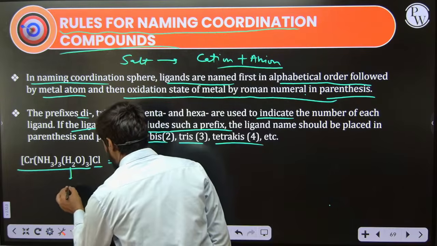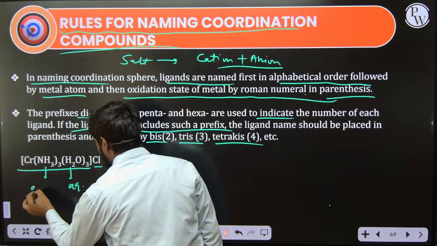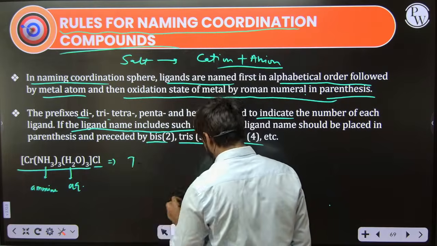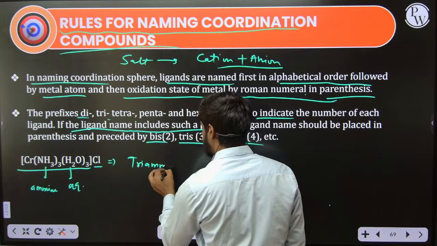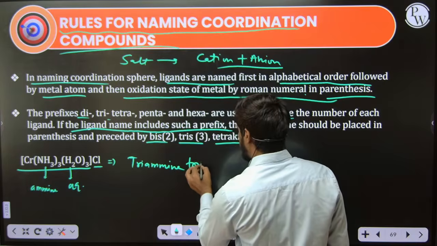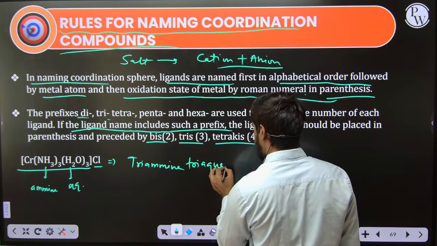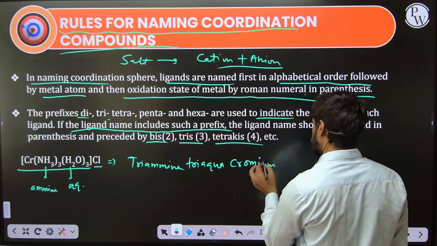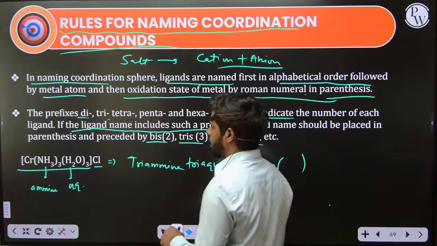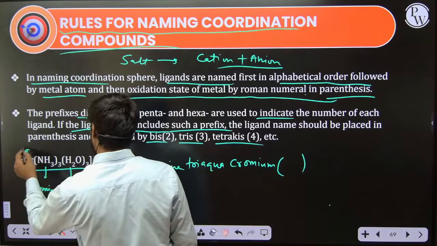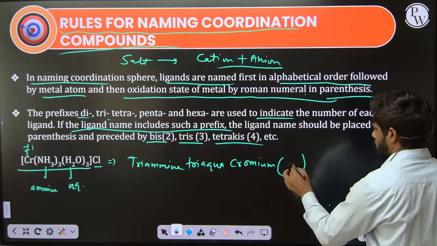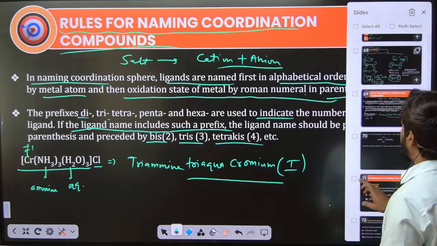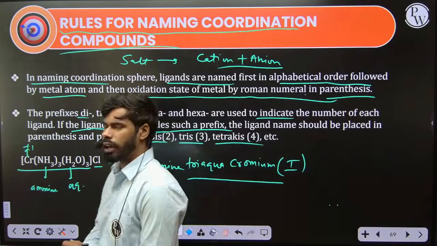So the name of the ligand is aqua. Here the name of the ligand is amine. So amine comes first, then triaqua. Then it is chromium. And the complex has an oxidation state that we can find is +1. So this is the name of the coordination compound, and mostly you can compare the name with the options also.